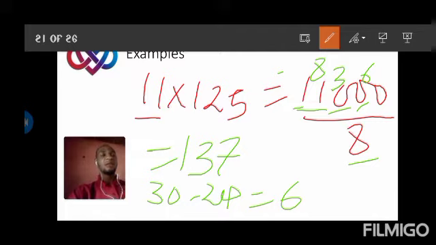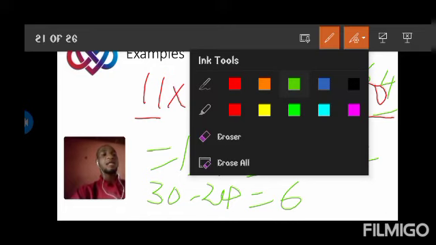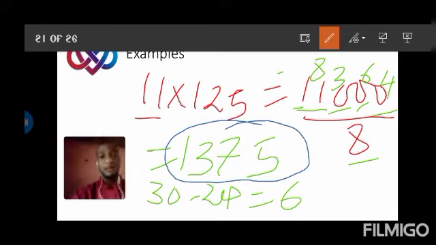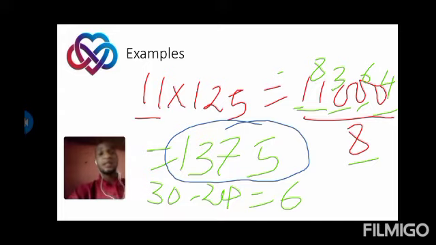So we take away 56 from 60, which is going to be 4. So 8 in 40 is 5. So the answer is 1375. 1375 is the correct answer.